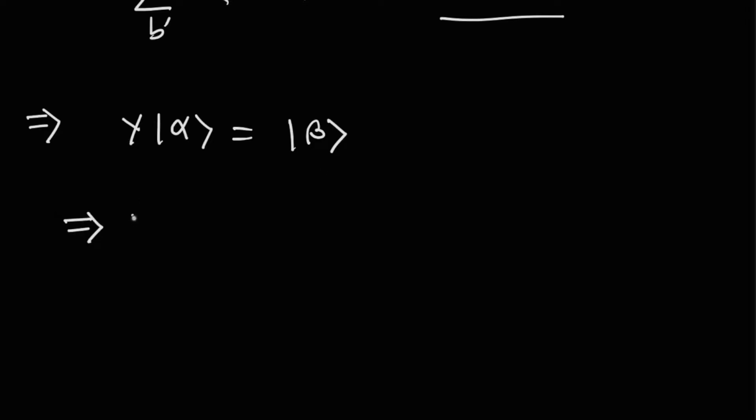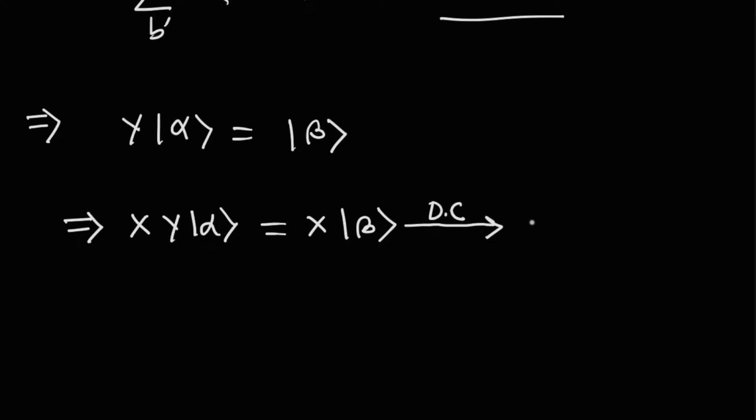Now XY|alpha> means X|beta>. So the dual correspondence of these will be <beta|X dagger.